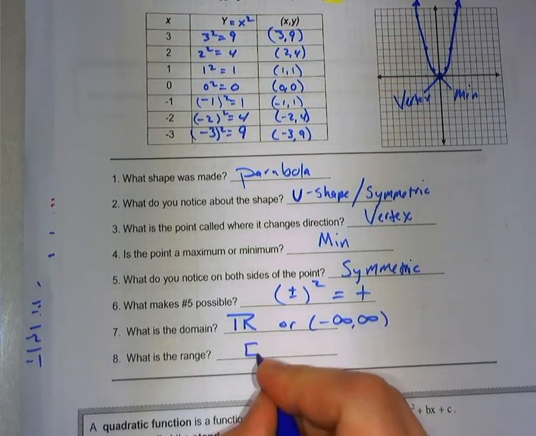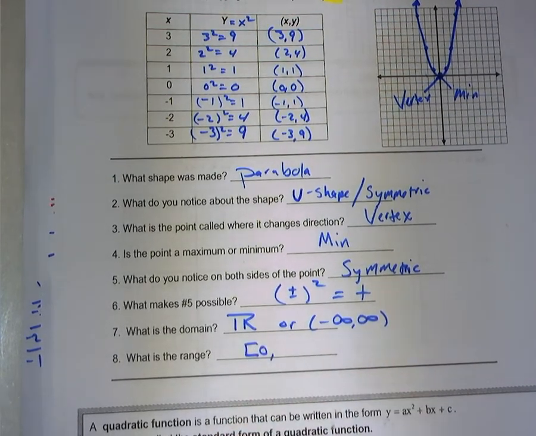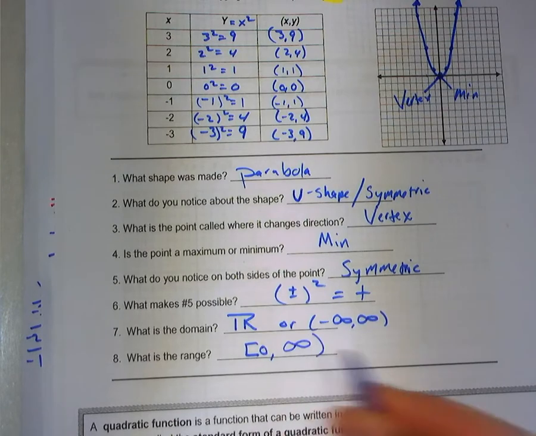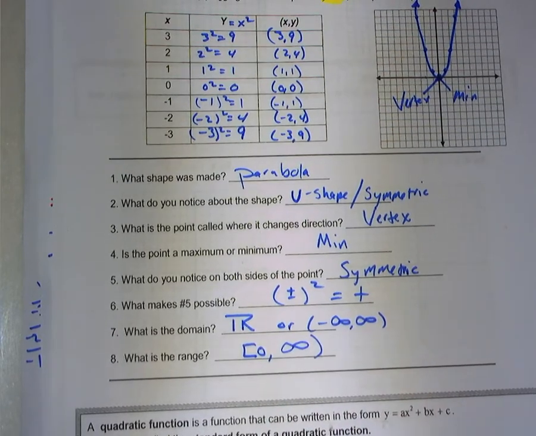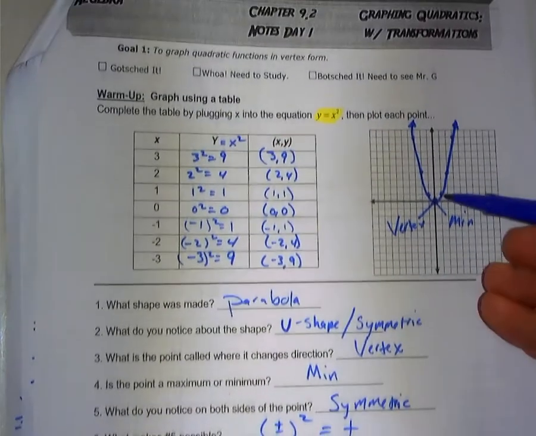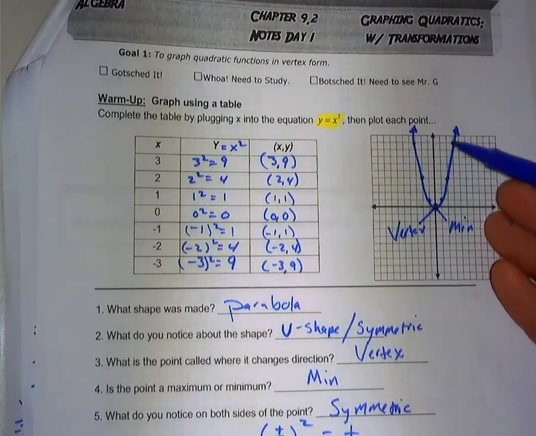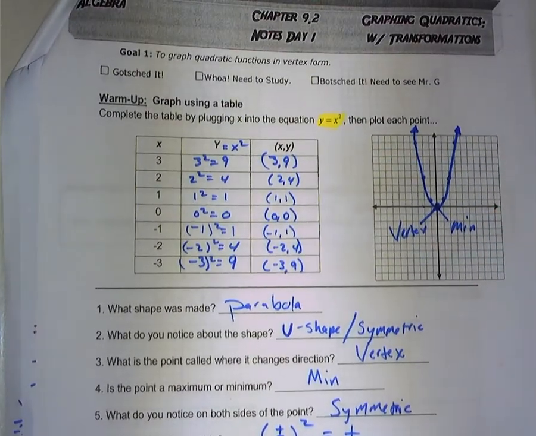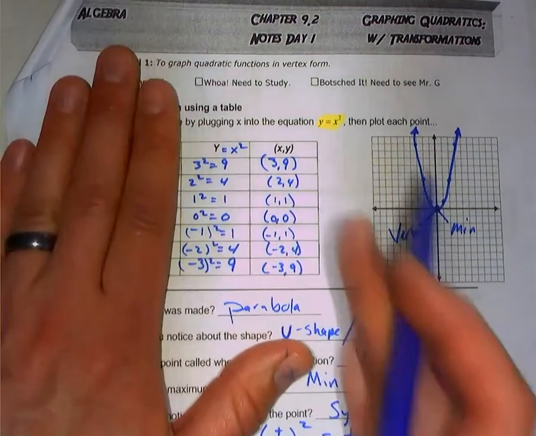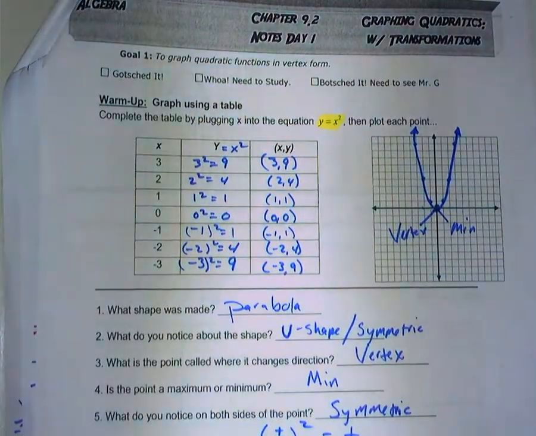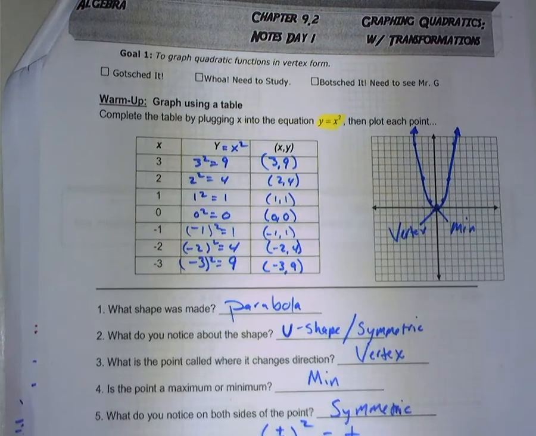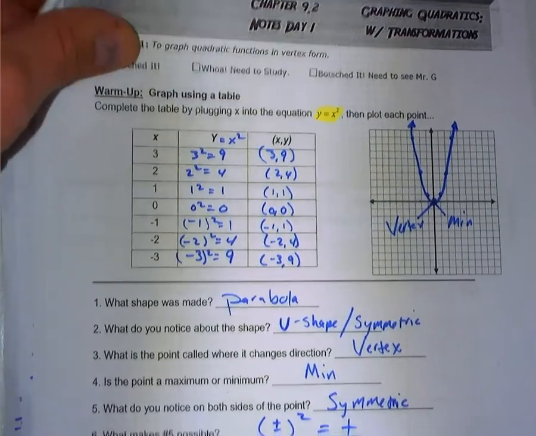That's part of your graph, so we have a bracket on 0, and how high does it go? Does it go up high, all the way to the sky? You betcha. It's all the way to infinity. That's why we have arrows on the ends. So this thing goes from 0 all the way up to infinity. This thing goes all the way to the left and all the way to the right. You can plug in any x value, and you should get a y value back. Okay.